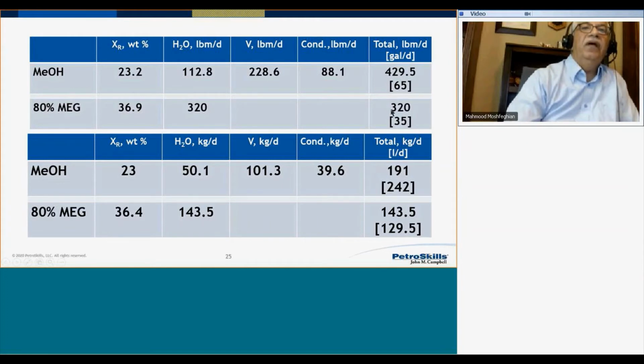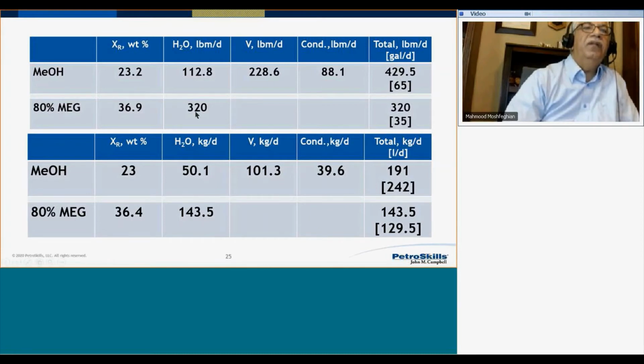Compare that to the 324 MEG pound mass, or 35 gallons per day. So which one has the higher total injection rate? Definitely methanol. And methanol is one-time use, but with glycol, as you saw in that figure, we can regenerate it and reuse it.